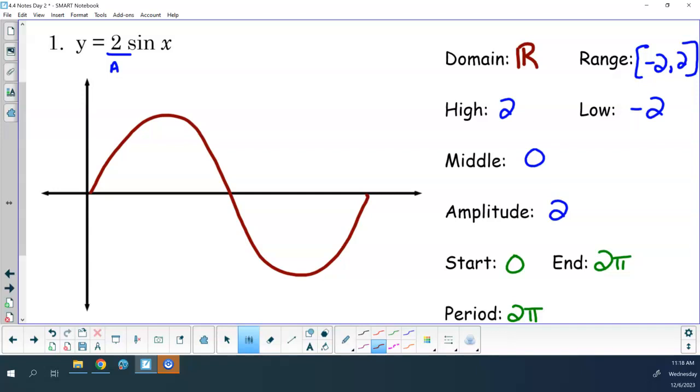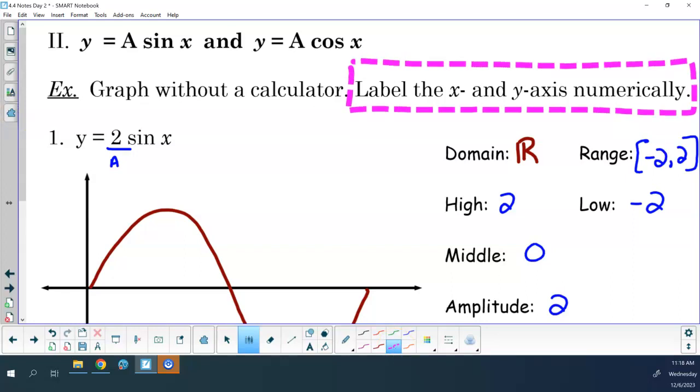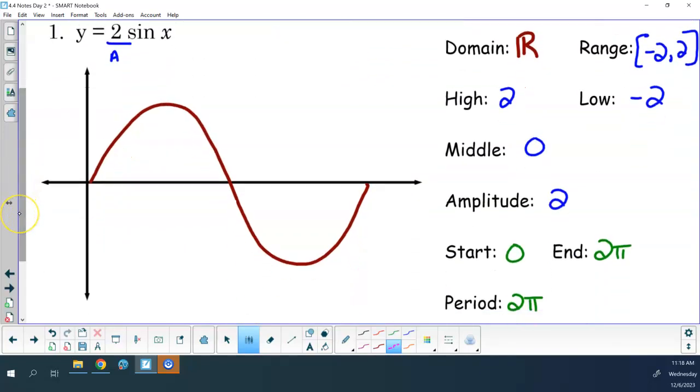This next part is the crucial part. Now we have to label our axes numerically. I will tell you, if this were a graphing question on a summative, it would be worth 3 points. 1 point for what we have right now.